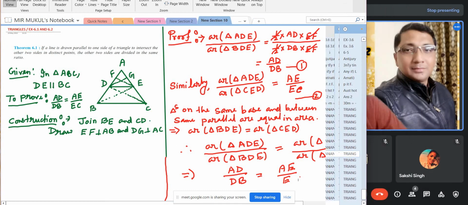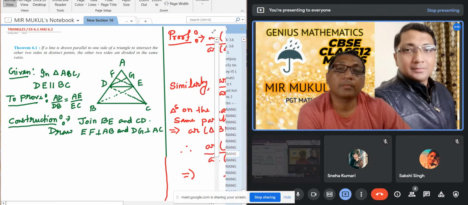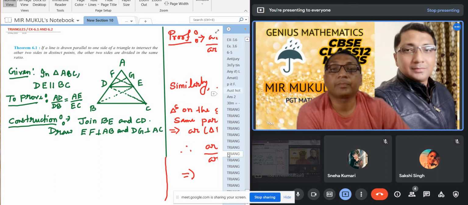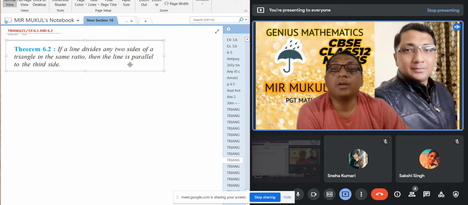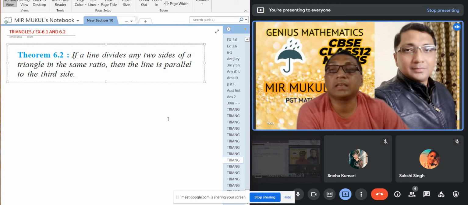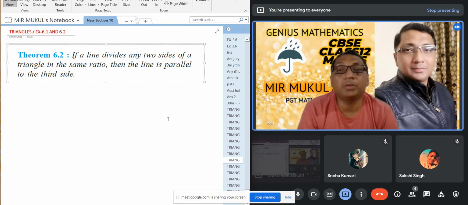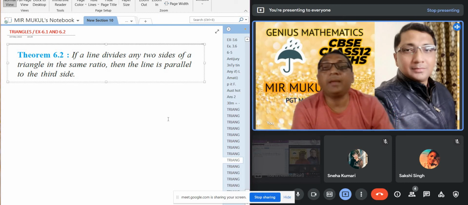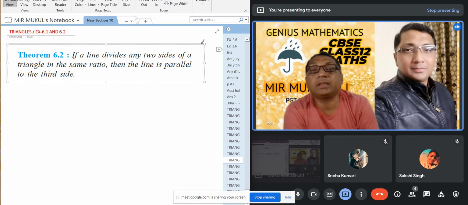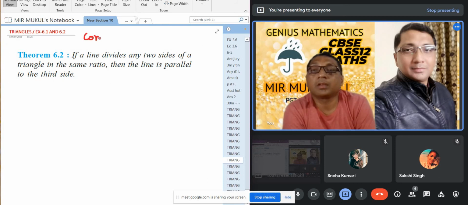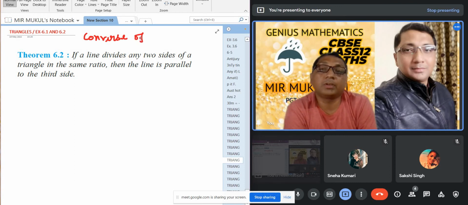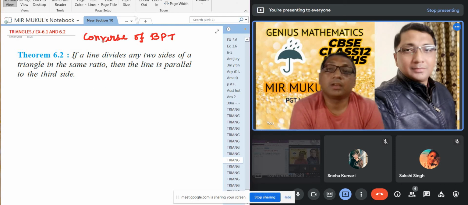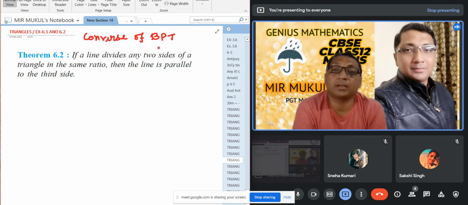Now, I'm changing the slide. Okay, fine. Now, the next theorem, just check. Theorem 6.2. Its name is converse of BPT, converse of basic proportionality theorem.